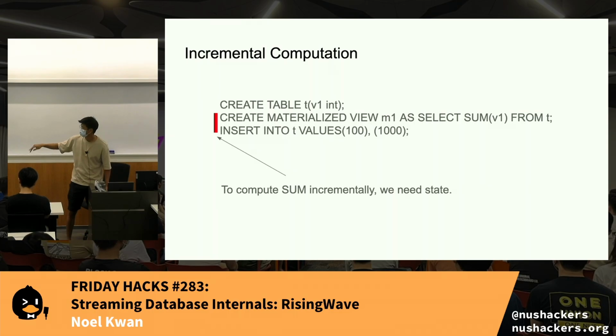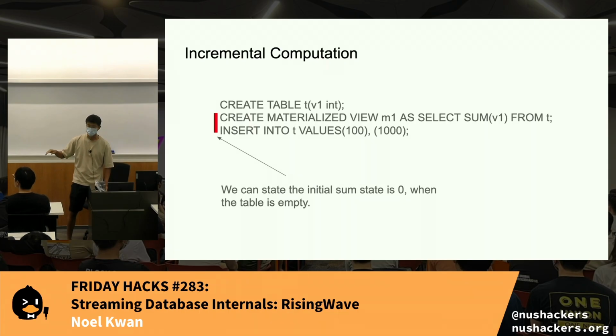To compute sum incrementally, we actually need state. The state of the initial sum is 0. At the start, let's say the table is empty, the current sum when you run this query is just going to be 0.